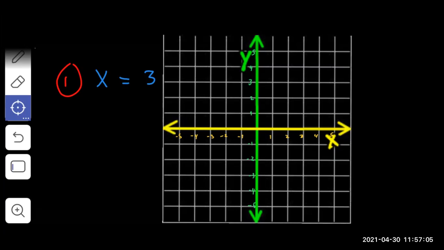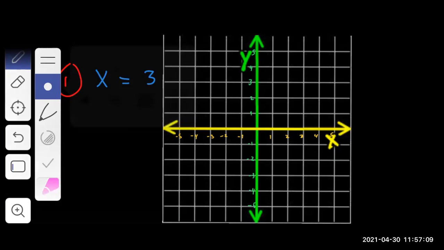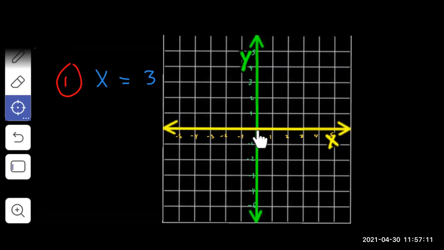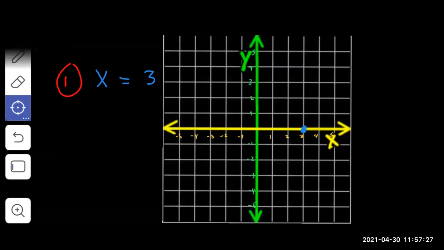Let's look where x is. X equals to 3, where is that point, guys? -1, this is x, -1, -2. No, mister, is that positive? Oh, thank you. 1, 2, 3. This is x equals to 3. Let's make a point there. All of these values are x, guys.